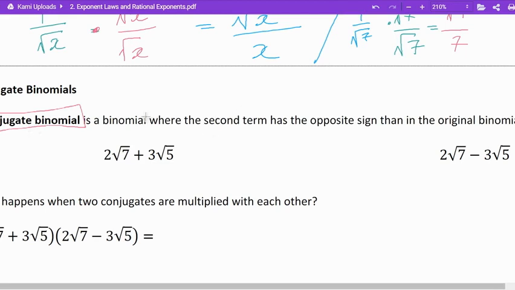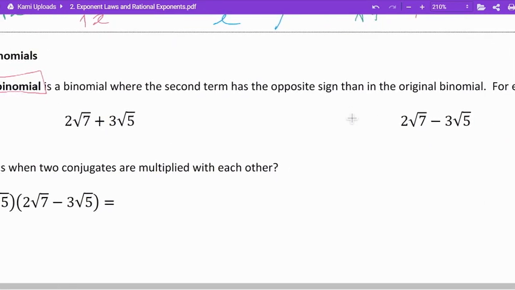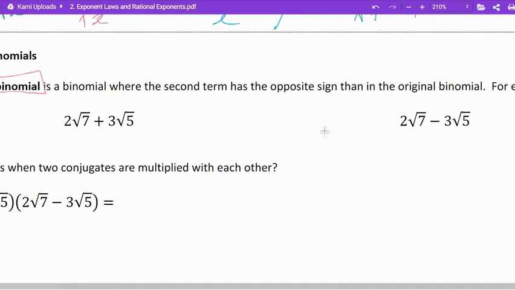Read this sentence to yourself. These are conjugate binomials. Let's see if you understand. If I have 3 root 2 minus 4 root 7, write the conjugate binomial of this pink one.